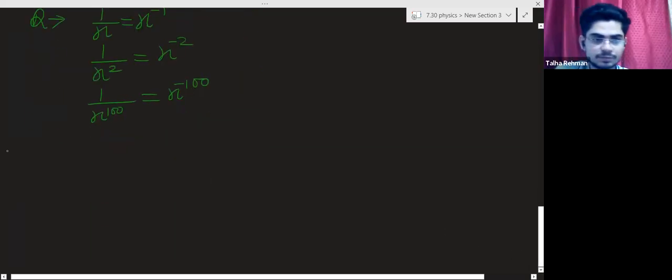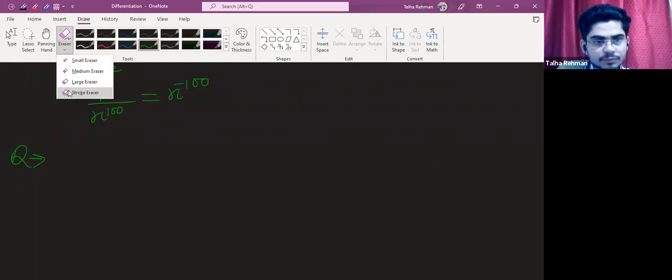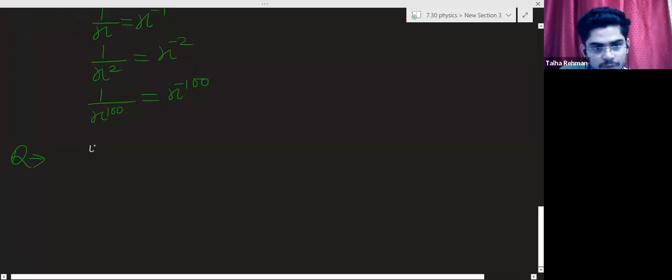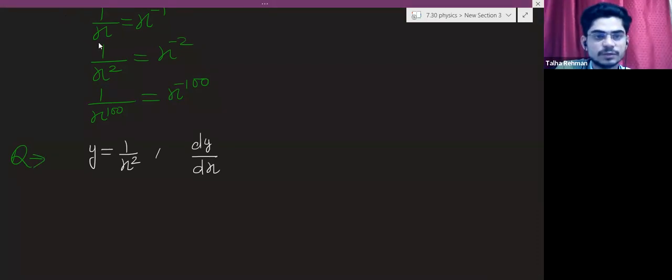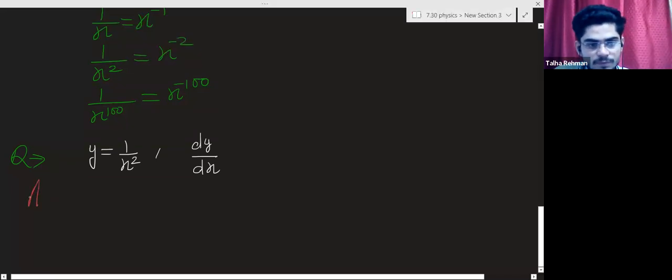Suppose there is a question: y is given as 1 upon x square, and I want to calculate dy by dx. Let's see how I will do that. I can write y as x to the power minus 2.